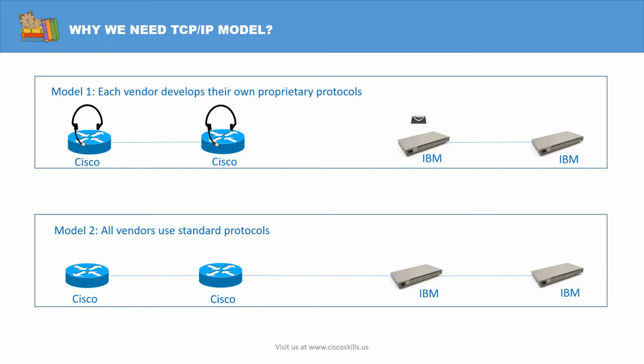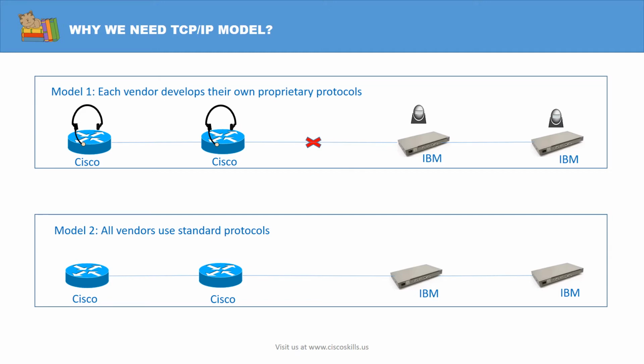Similarly, IBM has their own proprietary protocols, and they have no issues when sending or receiving data between their devices. However, when a Cisco device and an IBM device send packets to each other, the packets get dropped. In other words, the communication is impossible among different networking vendors.